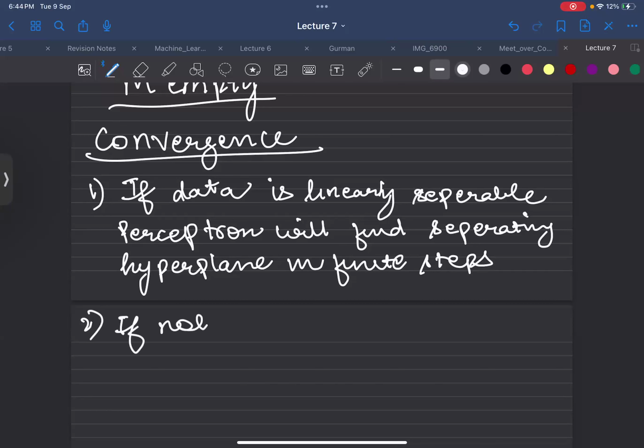If not, then it will keep on updating again and again, and its weights will keep on oscillating, if it's not linearly separable.